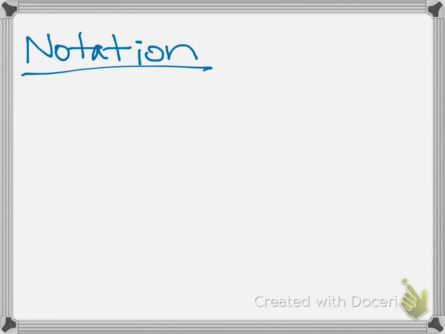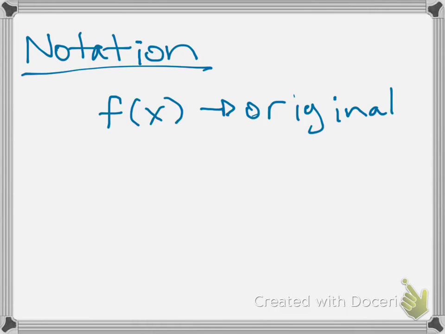Now there is some notation that you need to be familiar with, and this notation is related to function notation. Let's say f of x is our original function. Then the notation that we're going to use to represent our inverse function looks like this, and we read this as the inverse of f, or f inverse.